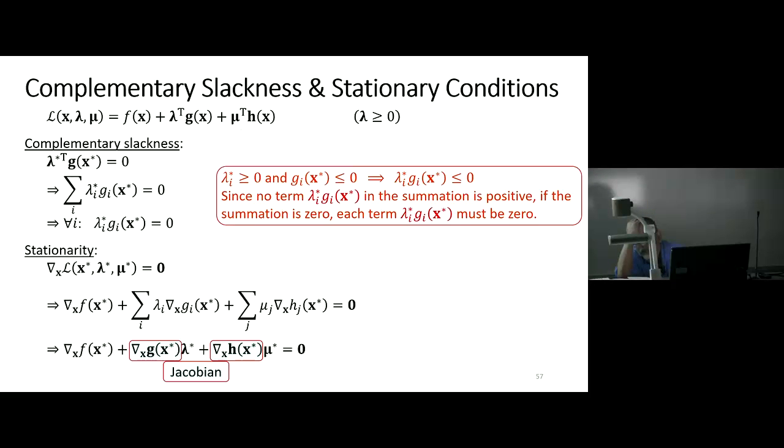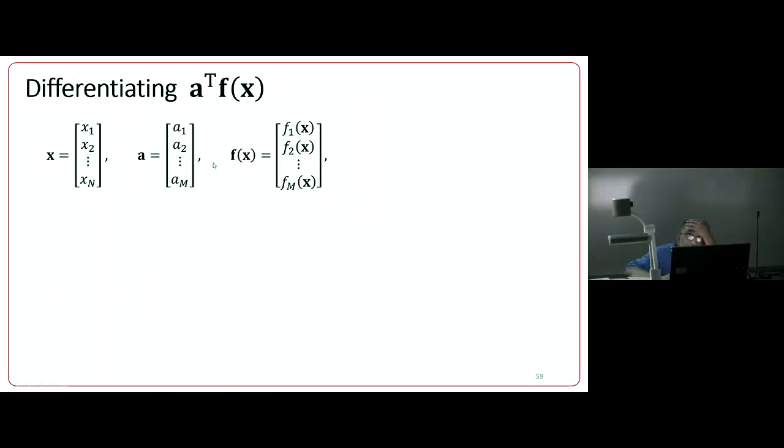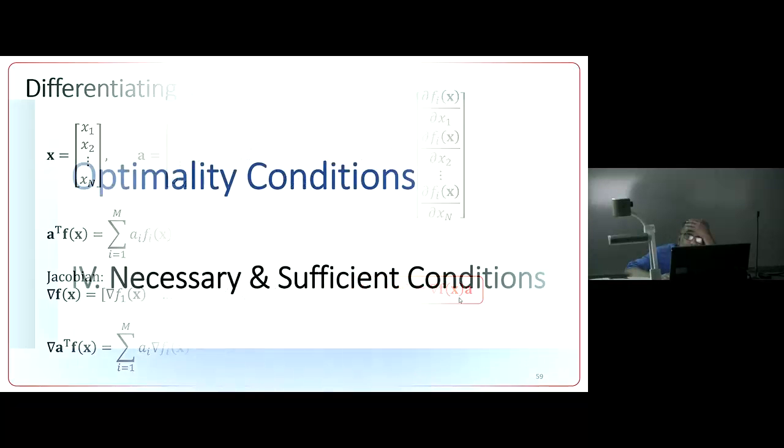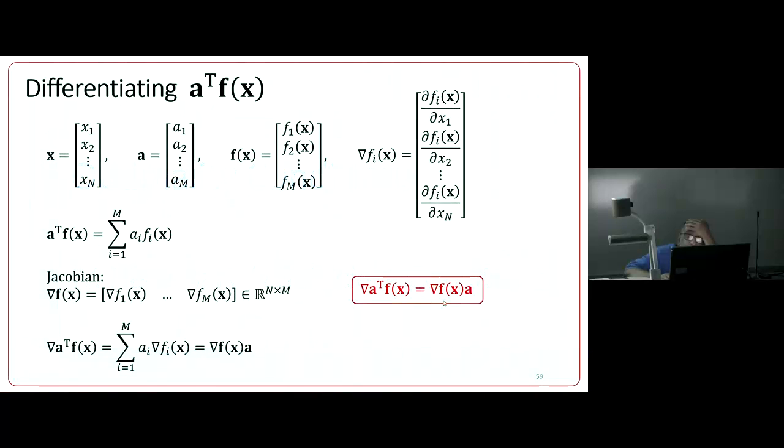If we see the equation of derivative, this is analogous to this situation here. Yes, this equation, this right one. Shouldn't this be a derivative of f of x transpose A? So this is the same thing as derivative of F transpose A. My question is, this transpose is missing in this equation.